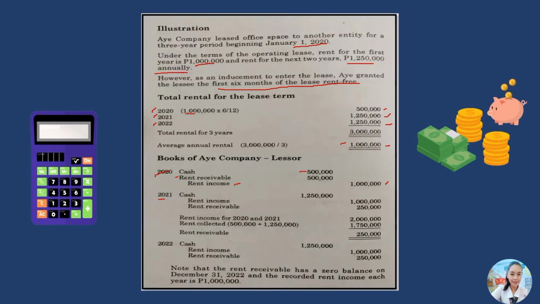In the second year, the company receives cash of 1,250,000. So in its book it will debit cash of 1,250,000. Now for the credit, it is again rent income of 1 million.